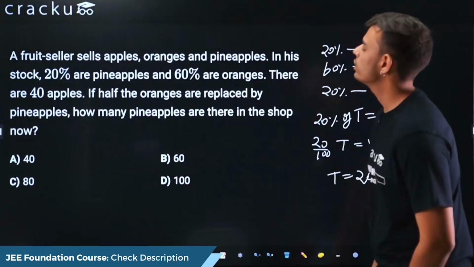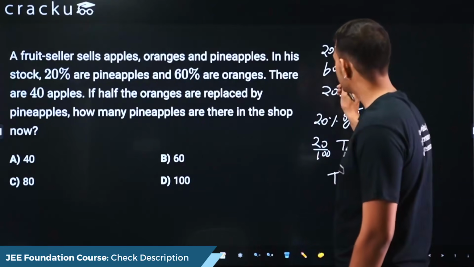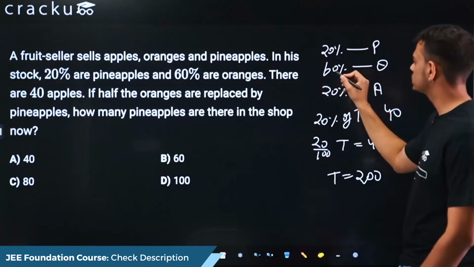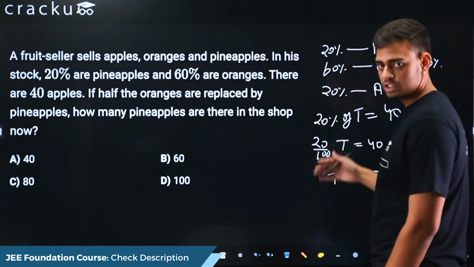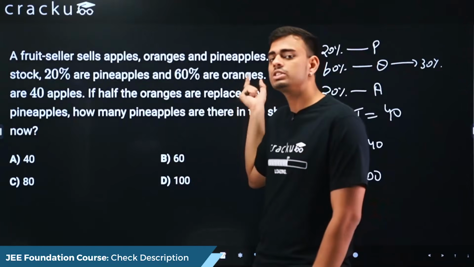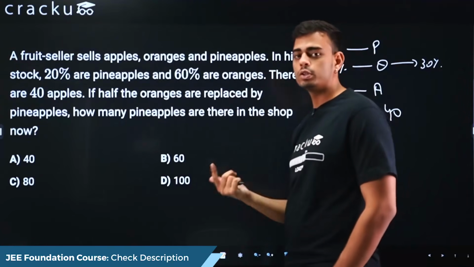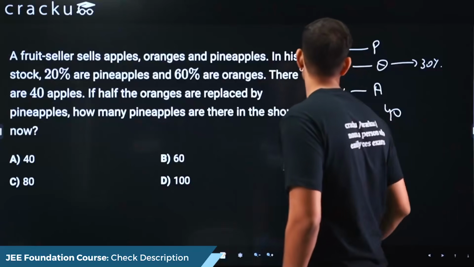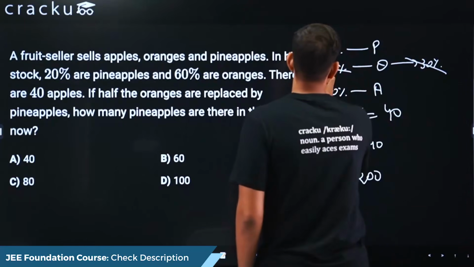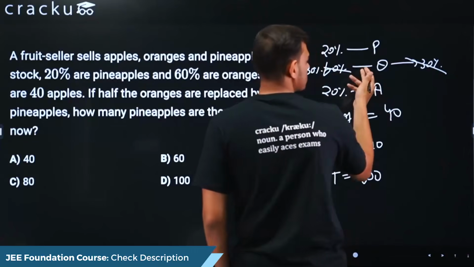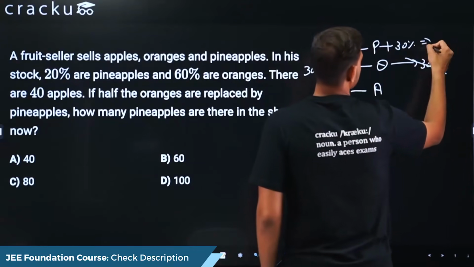Now we are given that half the oranges are replaced by pineapples. So what is half of 60%? 30%. 30% of oranges are replaced by pineapples. So I'm removing these 30% of oranges and introducing a new 30% of pineapples. So pineapples become 20% plus 30%, which equals 50%.